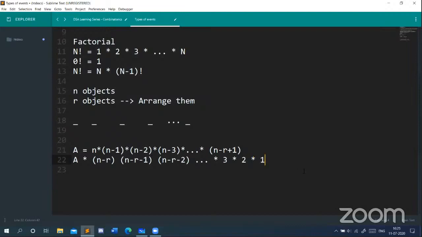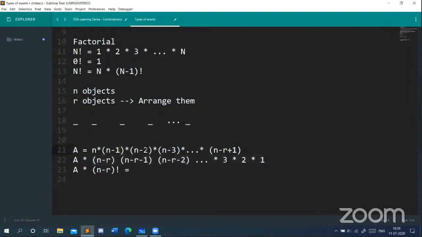Yes, I'm doing exactly that. I'm multiplying both sides by n minus r factorial, because now that you look back at this, it's n minus r factorial, because this is 1 times 2 times 3 and so on till n minus r. So this is just A times n minus r factorial. And if you look at this thing multiplied by this thing, right? This is nothing but n factorial.